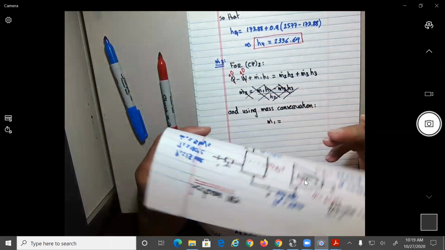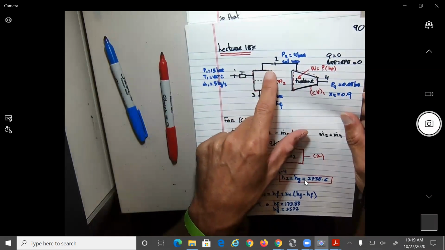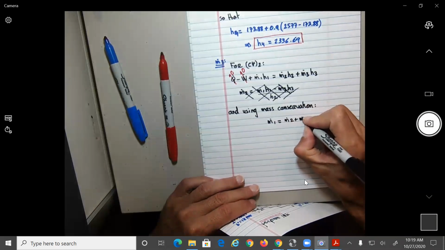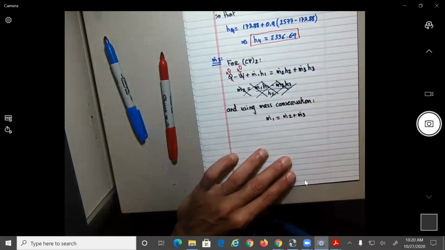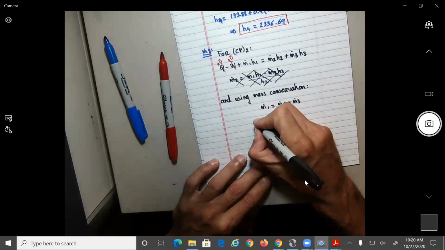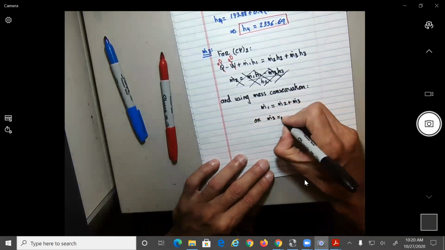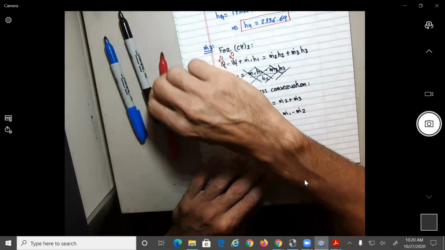M dot 1, the quantity of mass coming in, needs to be equal to the amount of mass coming out, no? So it should be equal to M dot 2 plus M dot 3. Or I could just write here, M dot 3 will be equal to M dot 1 minus M dot 2.